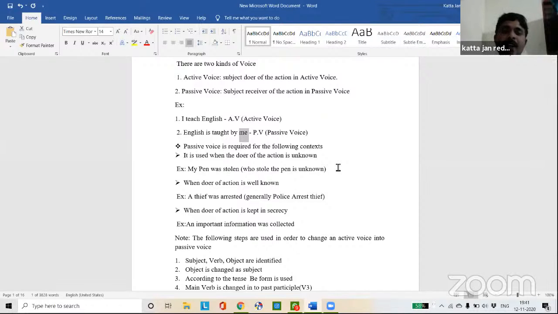For example, it is used when the doer of the action is unknown, right? Some action is done, right? Who did it, we don't know. But we have to say something is done. How? It is possible only in passive voice.